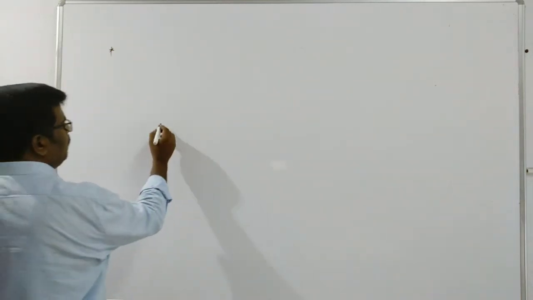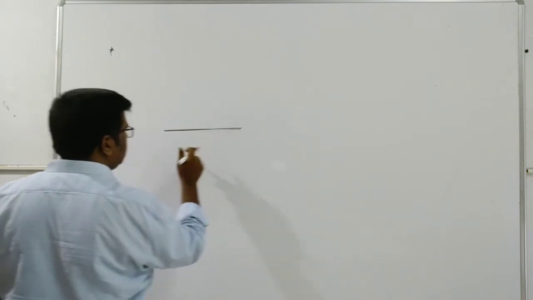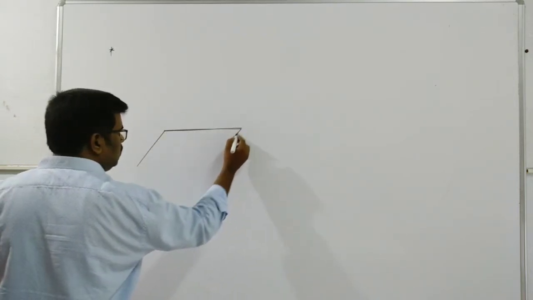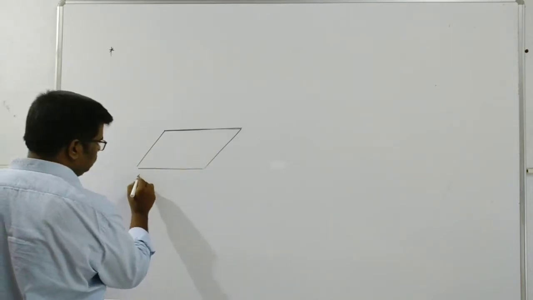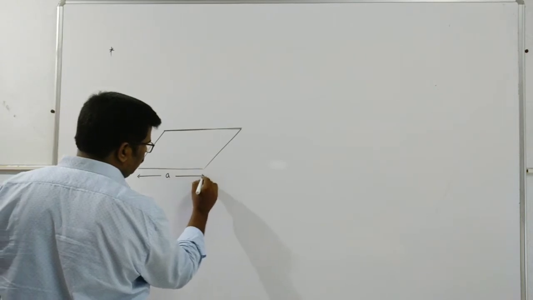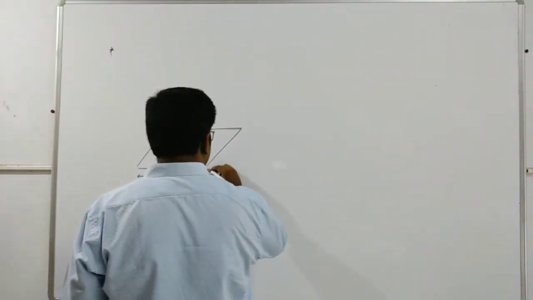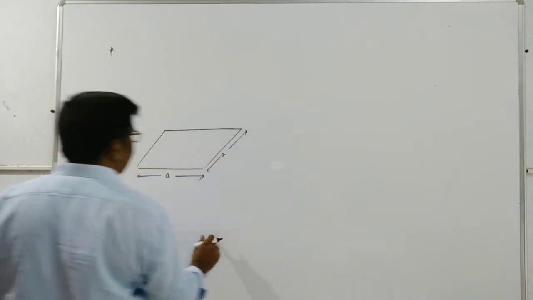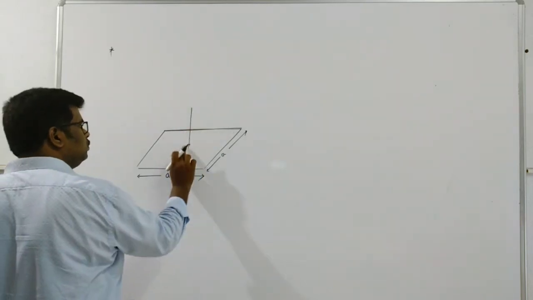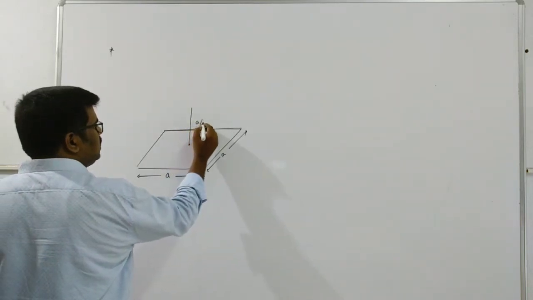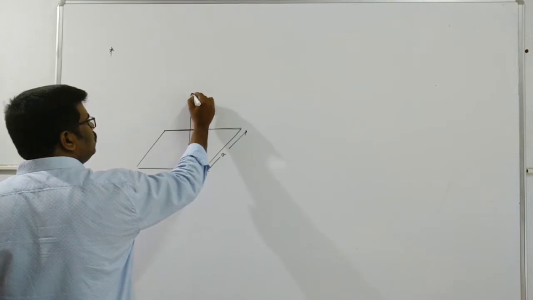We have a plane surface like this, whose side length is A. At a distance A by 2 from its center, we have a charge Q located.